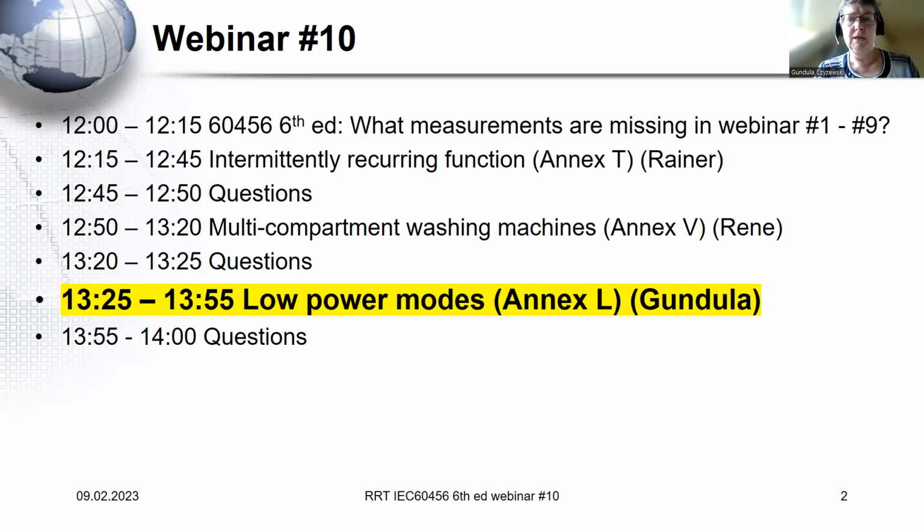Low power modes in the discussion of SC59D working groups do have a long history. It started many years ago when with edition 5 the first part of low power modes were introduced.